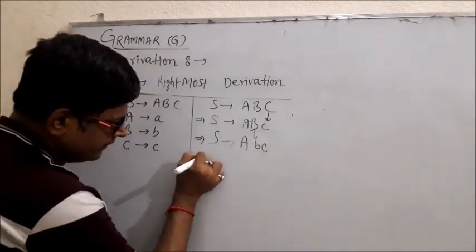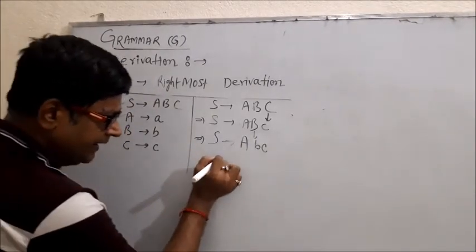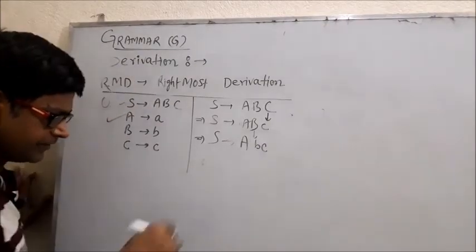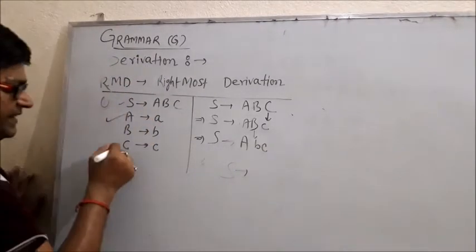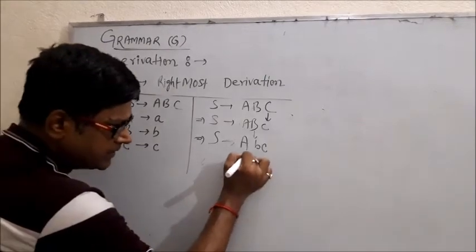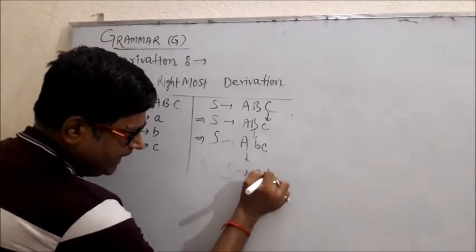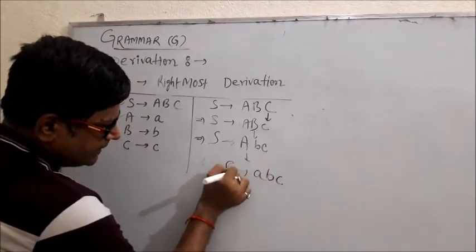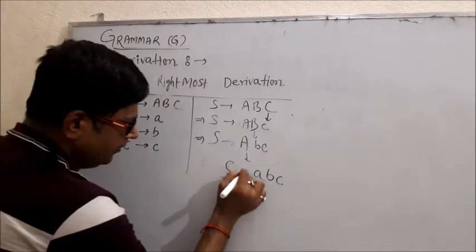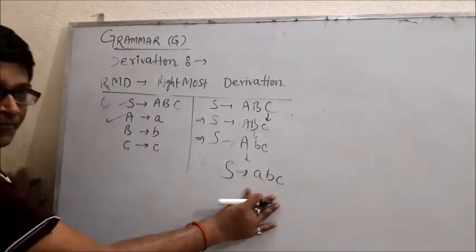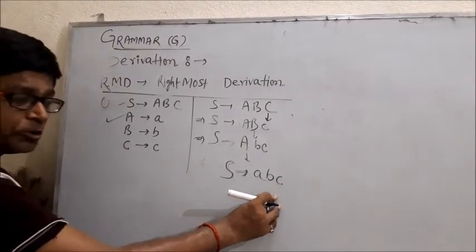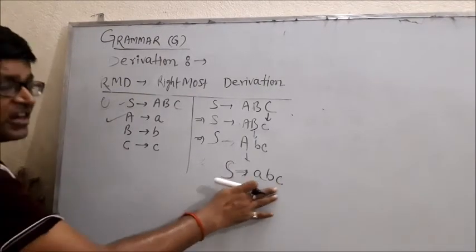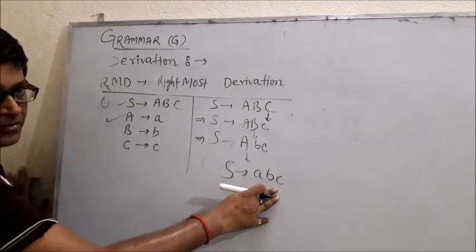Next, it is also rewritten as S tends to, in place of A, I can put small a. So it will be your abc. S tends to abc. Now please analyze: further, can it be derived or not? No. Why no? Because all the letters are terminal symbols only.